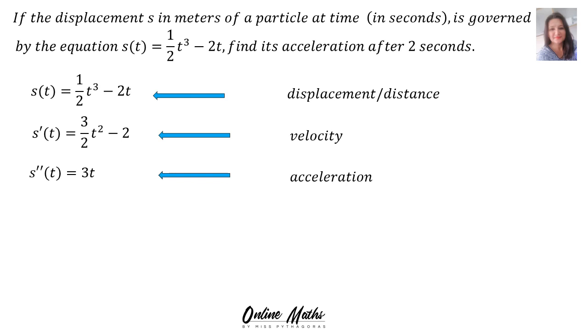Here they wanted us to find the acceleration after 2 seconds. Therefore, into the second derivative in t's place, we will substitute 2. Therefore, the acceleration is 6 meters per second squared.